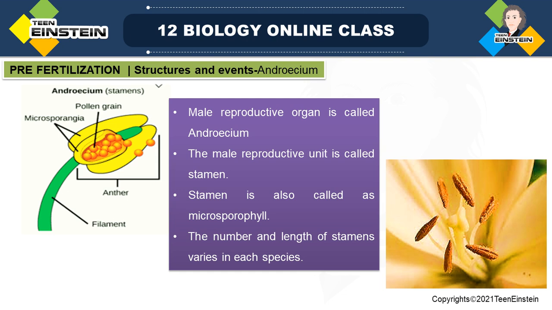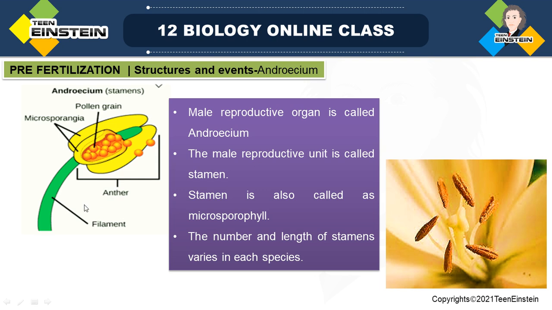So androecium is the male reproductive organ, and the male reproductive unit is called stamen. Here you can see the filament and the anther; together they are called stamen. Androecium is a group of stamens.